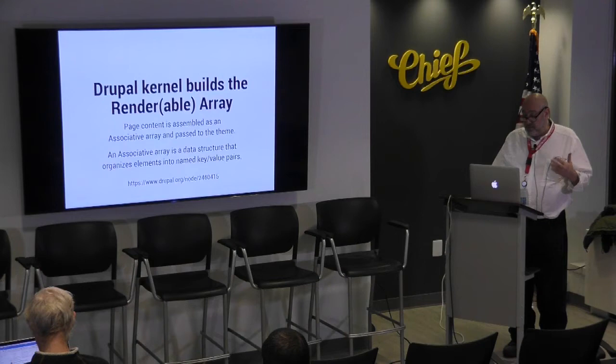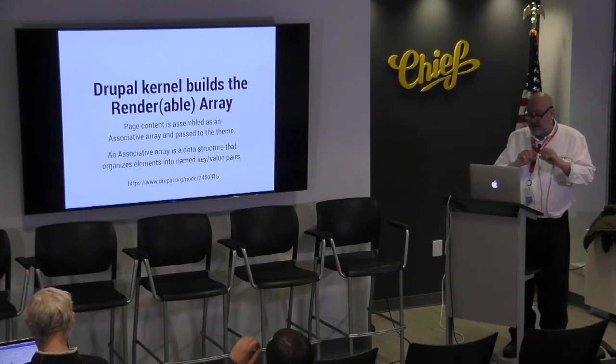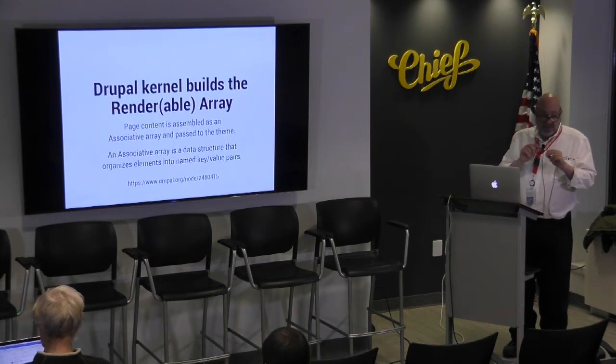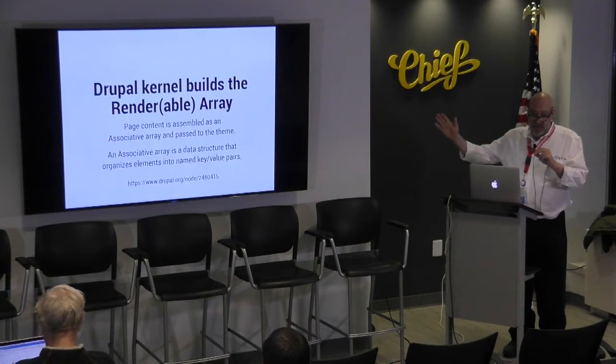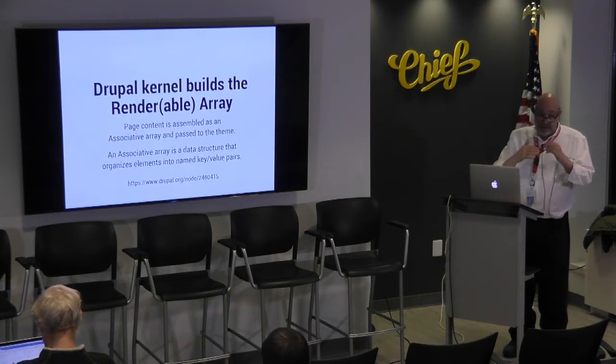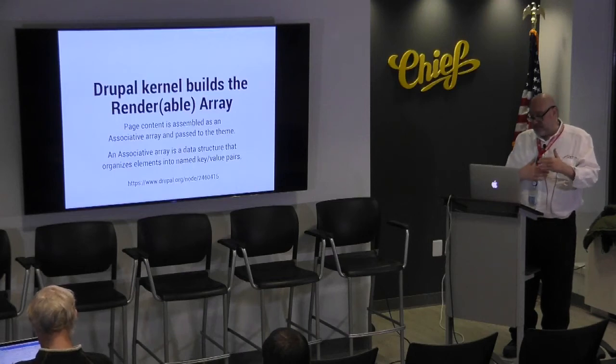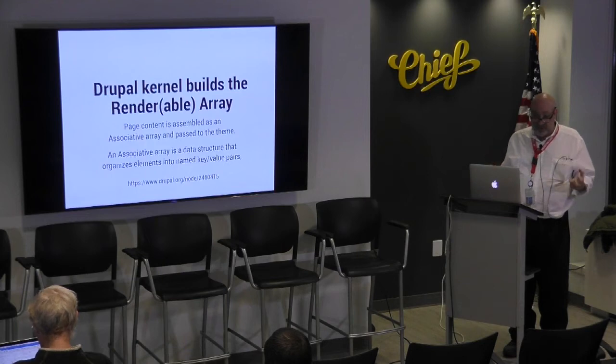The render or renderable array is all the page content loaded into an array that has, okay, here's the node, and then it says, okay, I've got a title. So it'll say, title, this is my happy vacation page. Body, all the stuff that goes to the body of the node. A node that it references, the author, all the bits and pieces, those are in this renderable array.